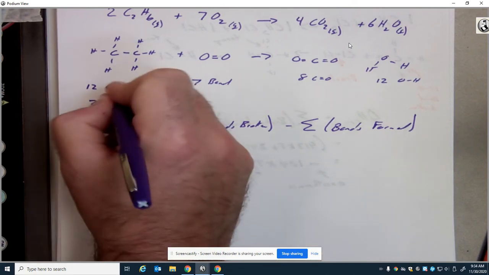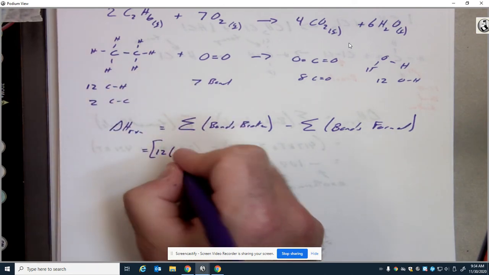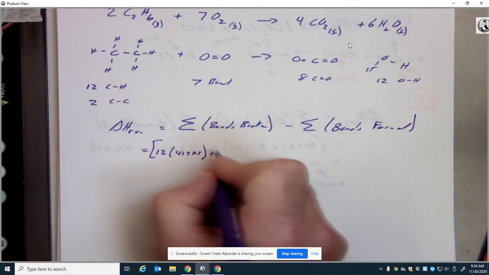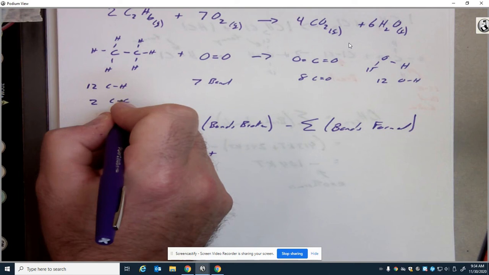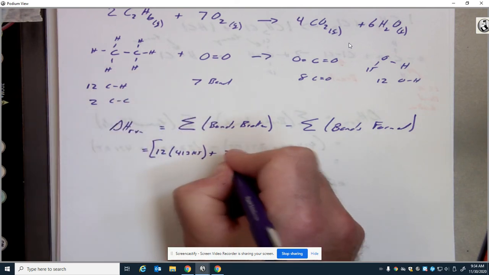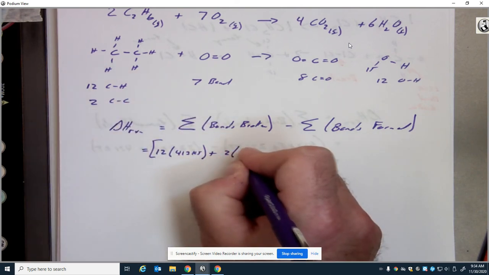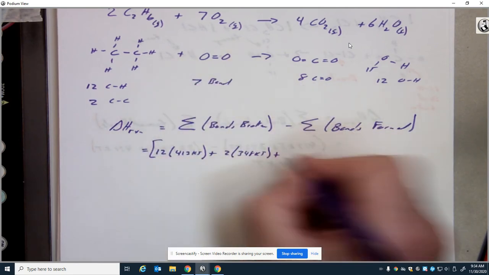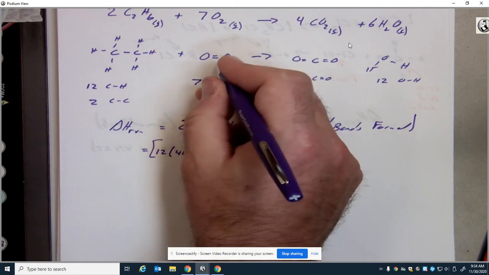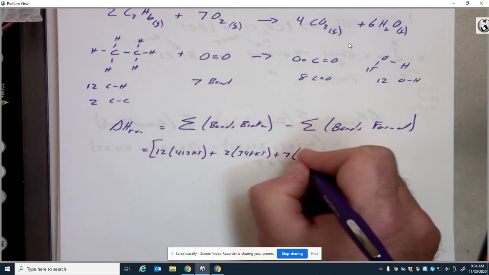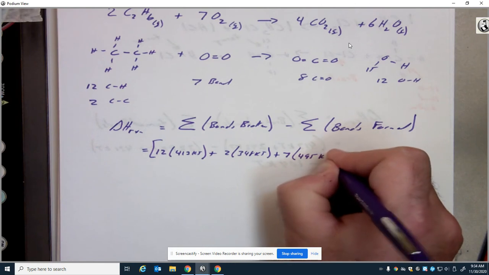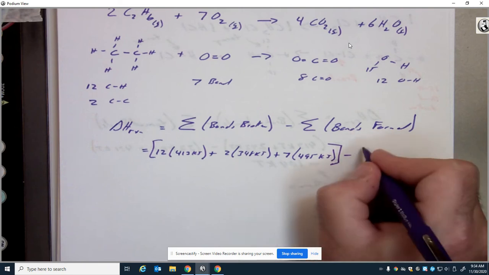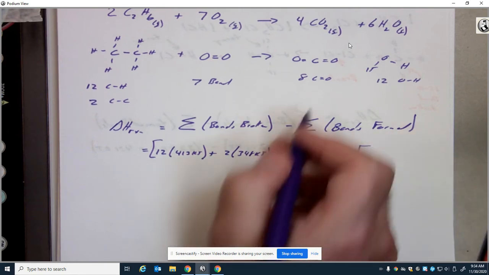Okay, and if we look up that enthalpy of CH, it's 413 kilojoules, plus 2 carbon single bonds, and that would be 348 kilojoules, plus 7 oxygen double bonds, and that's 495 kilojoules, minus, now we're going to form bonds.